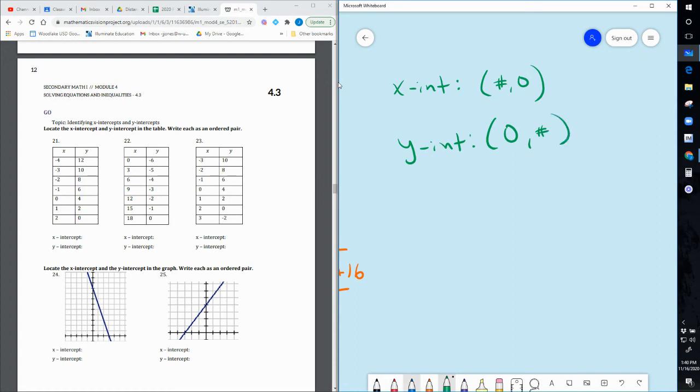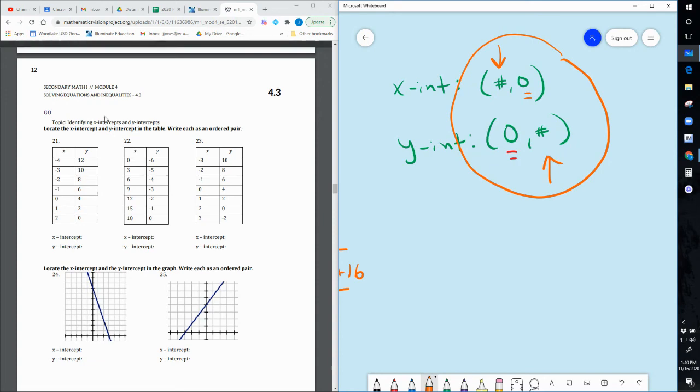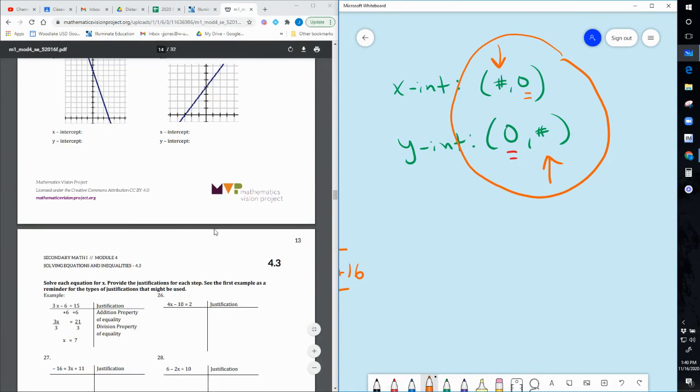A y-intercept has an x value of 0, and an x-intercept has a y value of 0, where the numbers are in these locations. That's how you do 21 through 23. And for 24 and 25, you literally just find it on the graph, but your answer should look like this. It should not be one number. It should be a number with a 0 or a 0 with a number, depending on what it is.